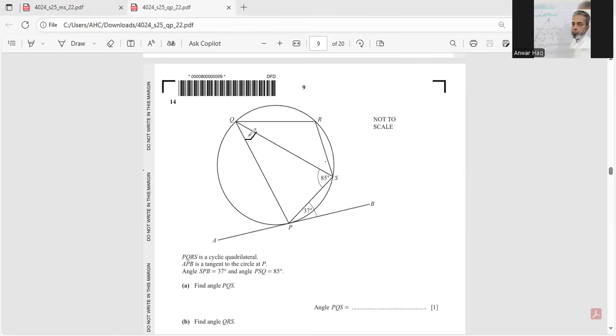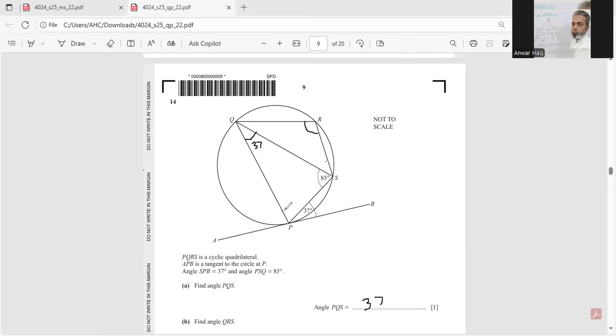So you can see that these are angles in the alternate segment. So this will be 37. For angle QRS, this is QRS. So here you can see that this is cyclic quadrilateral. So we have these two angles 37.